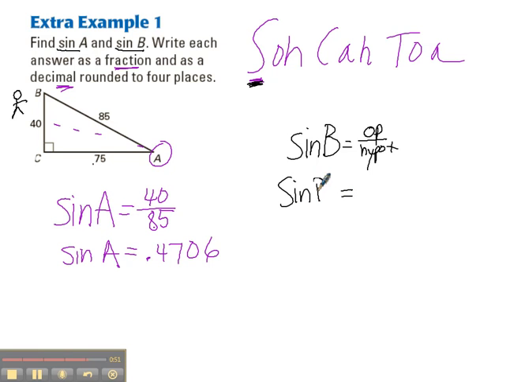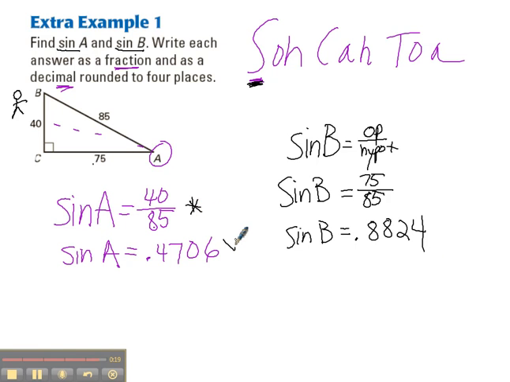Sine B is the length of the opposite side, 75, over the length of the hypotenuse, which is 85. Okay, and yes, that can be reduced as a fraction, but we can leave it like that to put it in the calculator and say sine B equals 0.8824. So we've found sine A and sine B, and we've written it in both a fraction and a decimal.